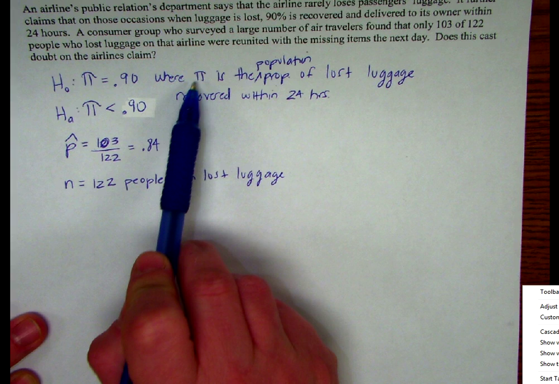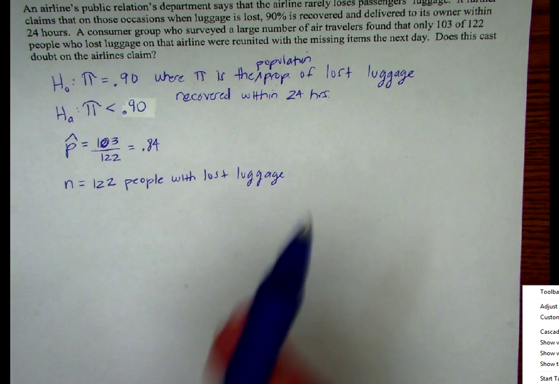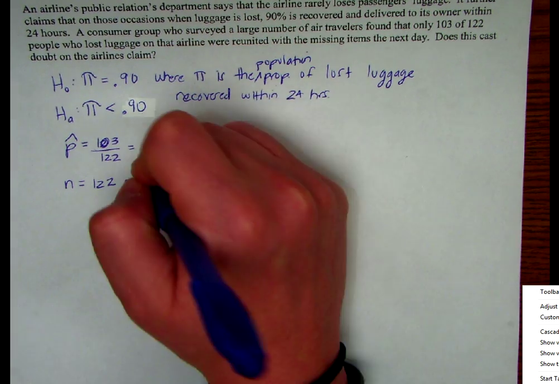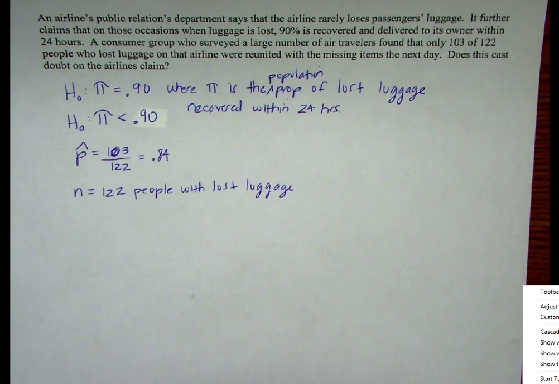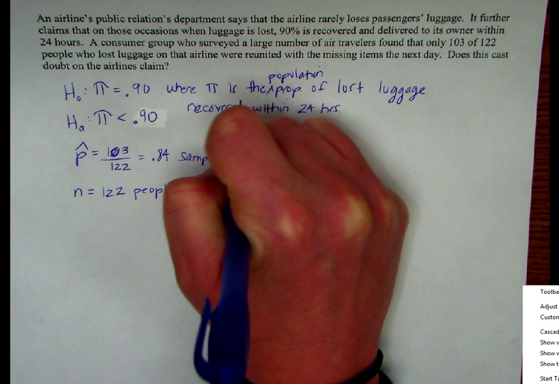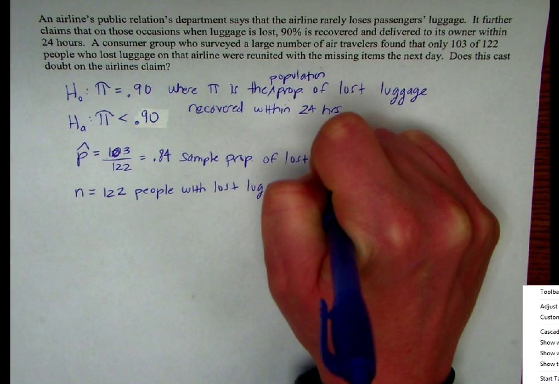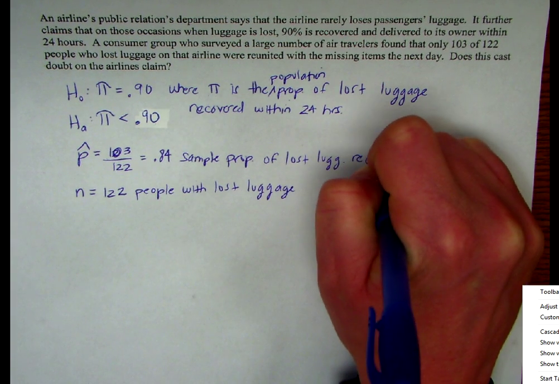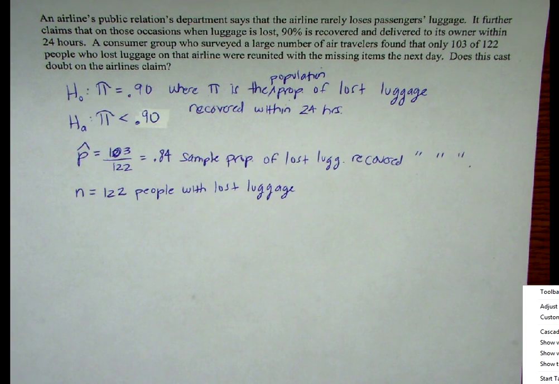You do have to do the Greek letter. Bare minimum, make sure you're doing the Greek letter. I'm going to do the sample proportion just to help you get into the routine of doing things. So 0.84 is the sample proportion of lost luggage recovered within 24 hours. I just use the dittos. It's kind of just saying what the pi was, but this is the sample proportion.